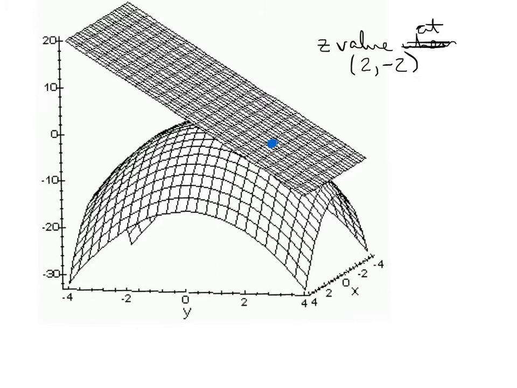That looks like a pretty good point to me. So if we go about 2 in x, -2 in y, that puts us on this shape right about there.